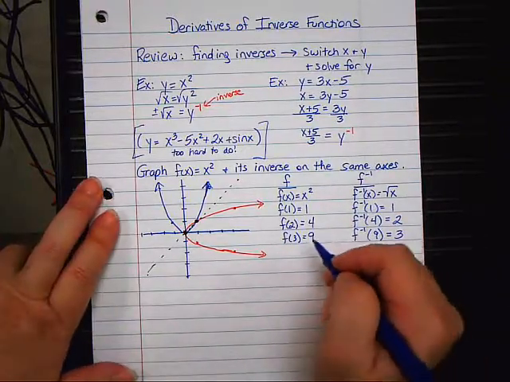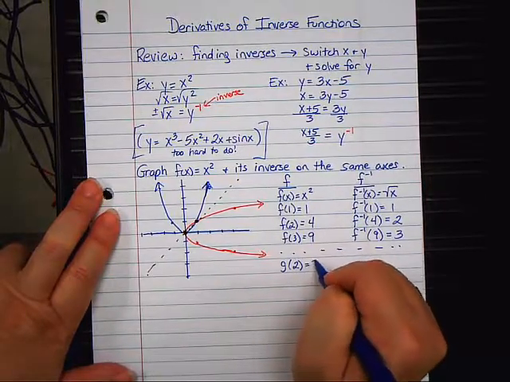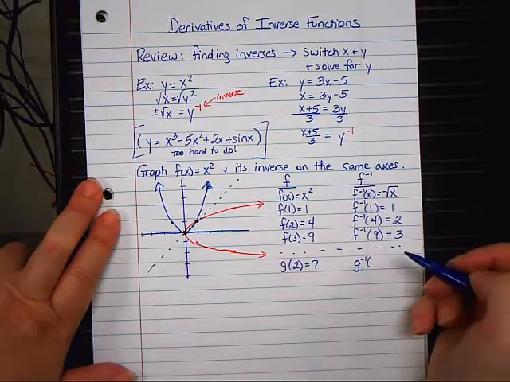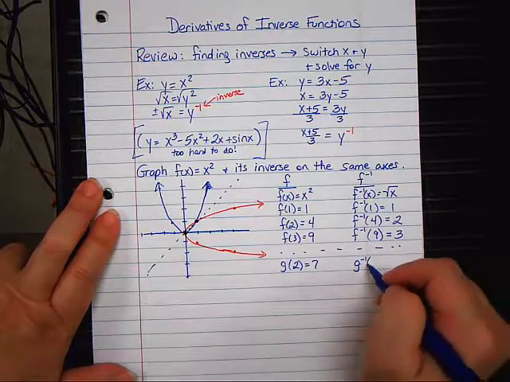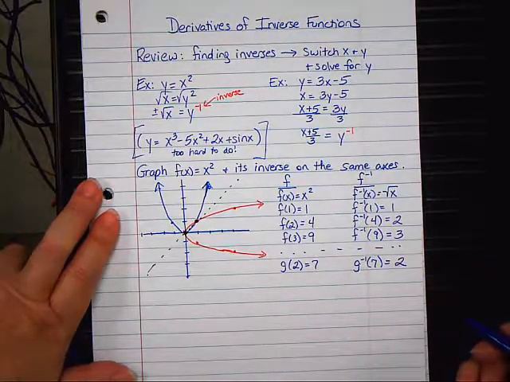So if I took some random function g and said that g of 2 is equal to 7, what could you tell me over here? g inverse of 7 equals 2. Agreed? Does that make sense to everybody? Because they're switched.